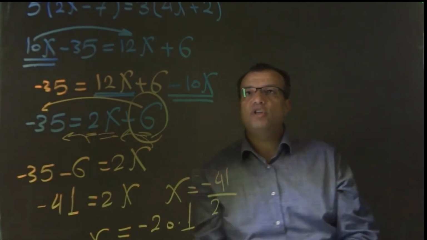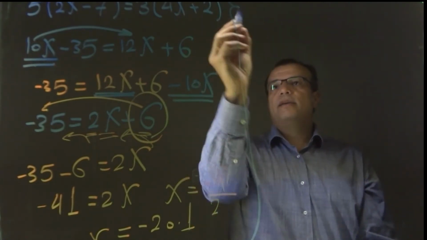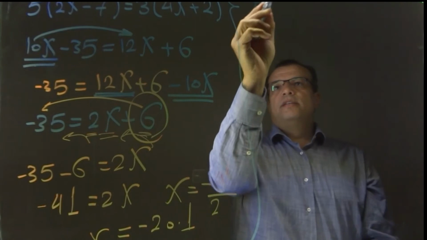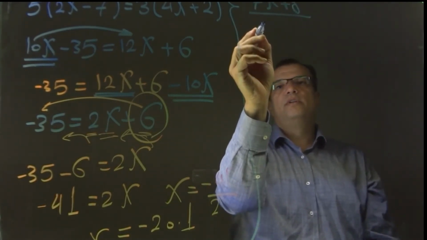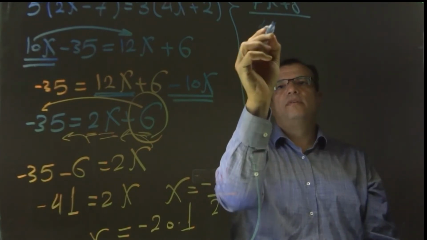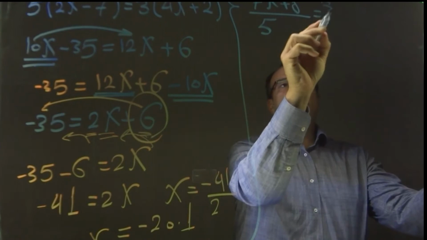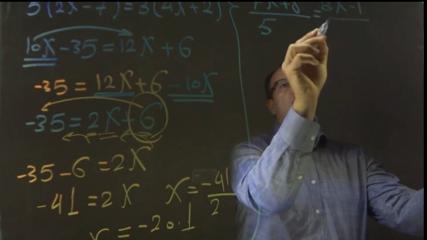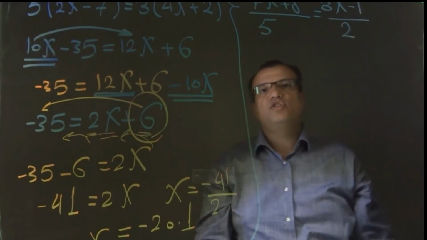If we have a more complicated equation like (7x + 8) over 5 = (3x - 1) over 2, this is called a fractional equation.